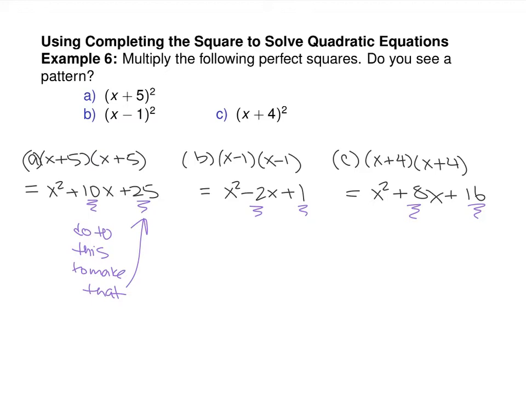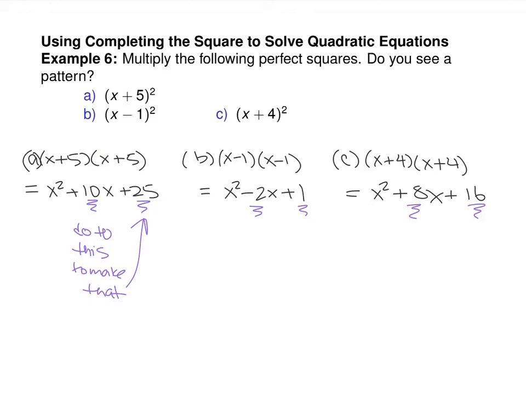So this last number is always half of this middle one squared, right? Half of 10 is 5, 5 squared is 25. Half of negative 2 is negative 1, negative 1 squared makes 1. Half of 8 is 4, 4 squared is 16. See the pattern?